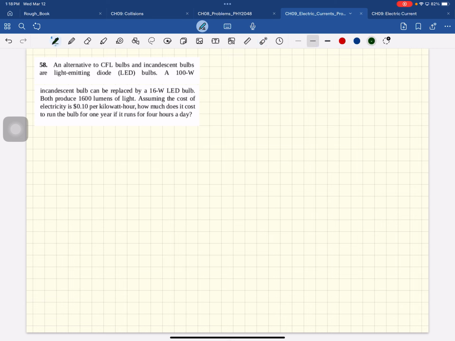So to run an incandescent bulb, we'll calculate that.